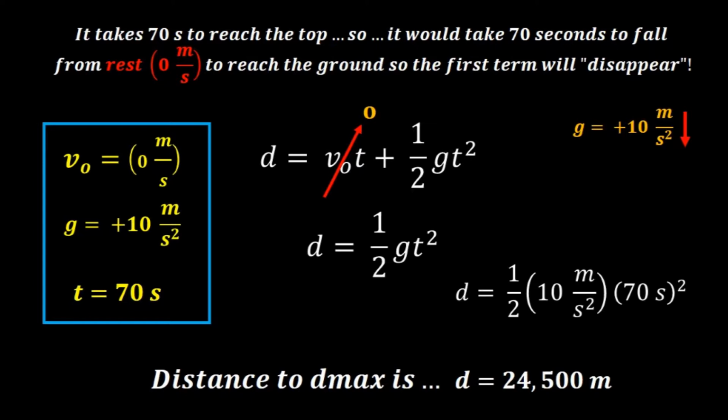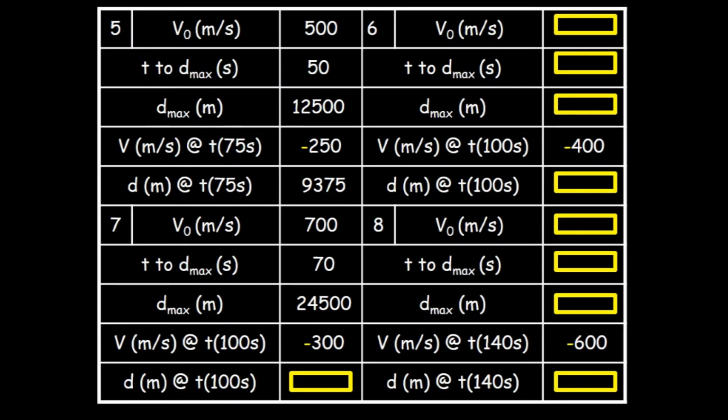But looking at it differently, if everything is symmetrical, I let go of the rocket and it falls for 70 seconds from rest, we know that it's going to fall a distance of 24,500 meters. If you instead put in V naught is 700 times 70 minus 1/2 gt squared, you'll get the exact same answer. So you may want to verify that.